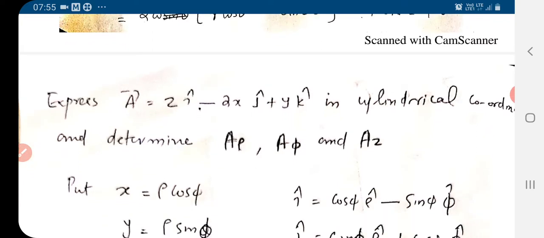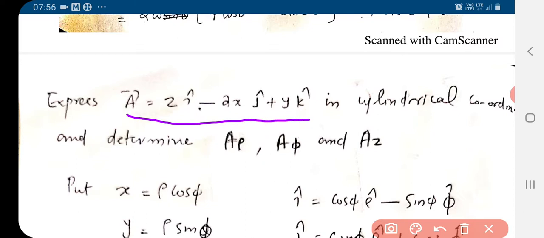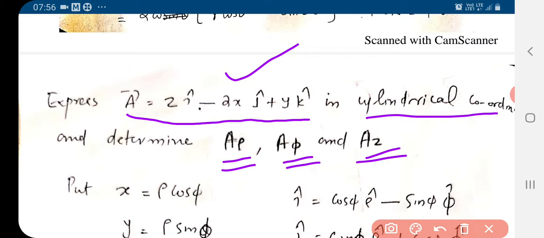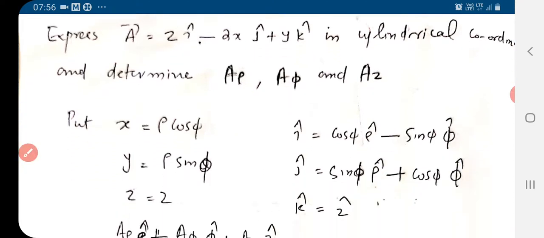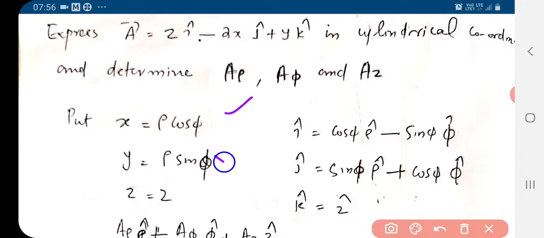Now we might have such problems like: express the vector A equals z i minus 2x j plus y k in the cylindrical coordinate system and thus determine A rho, A phi and A z, the components in rho, phi and z. So the vector is given in the Cartesian coordinate system. As we did in all these problems, we substitute for x, y, z and the unit vectors i, j, k, everything we know. x is rho cos phi, y is rho sin phi, z is z.